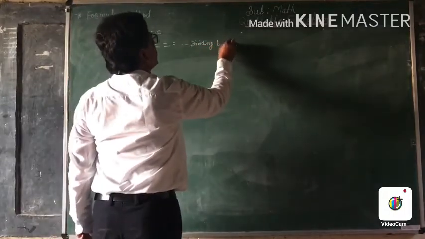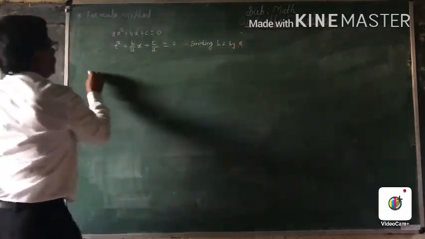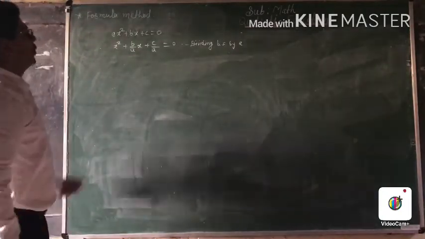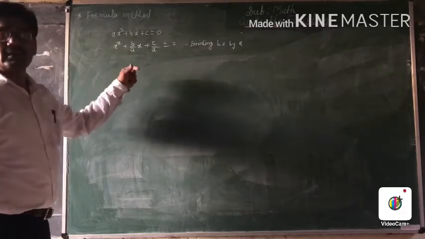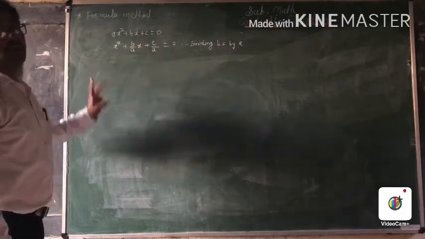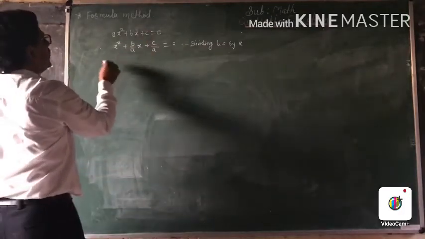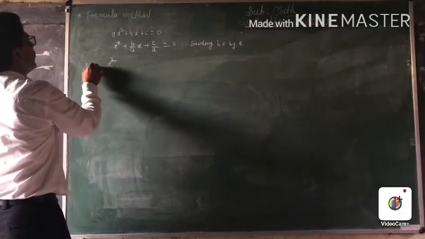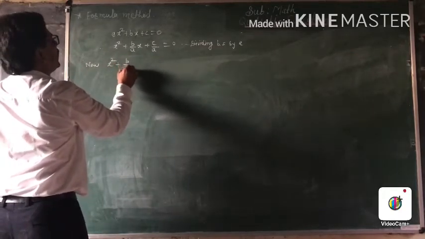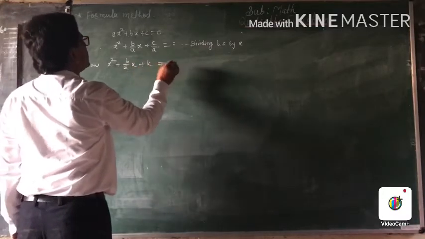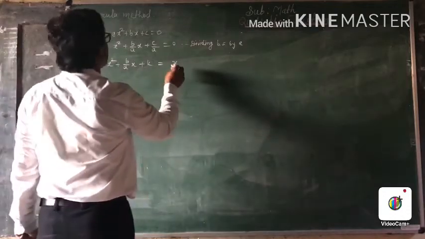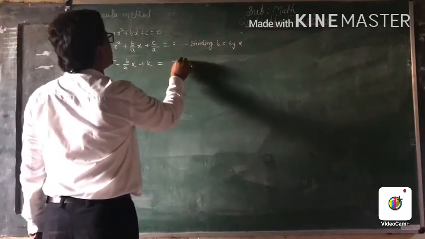Dividing both sides by a. Now to get this equation by the completing square method, we have to add and subtract a constant term, so that the trinomial becomes a complete square. Now the two terms are x square plus b upon a x plus a constant, and this is the complete square of x plus y.